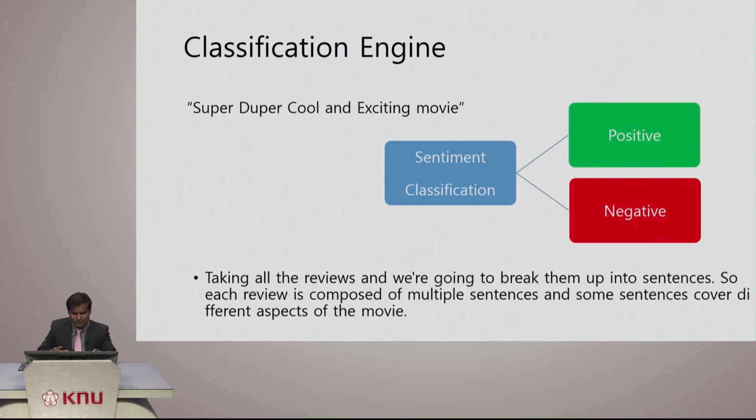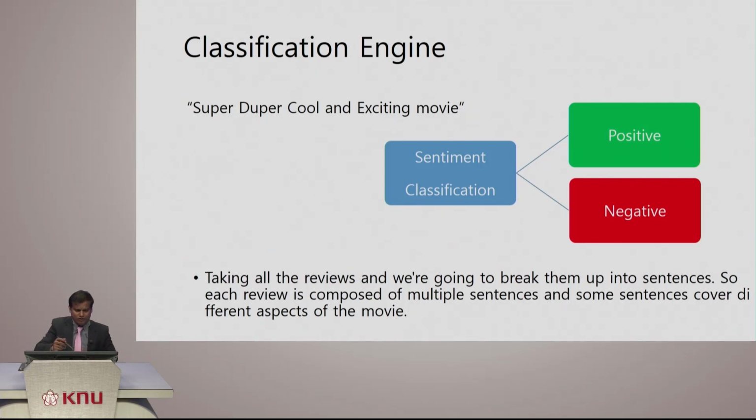So the sentiment classification: is it positive sentiment or negative sentiment? We have to take all the reviews into account and try to break them up into sentences. Each review is composed of multiple sentences, and these sentences consist of multiple words. Based on that, you can actually classify whether these words carry a positive thought or a negative thought.